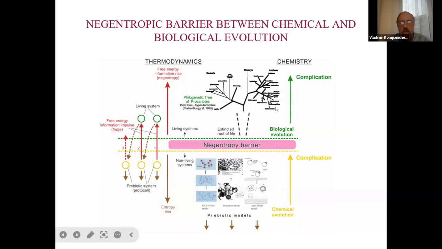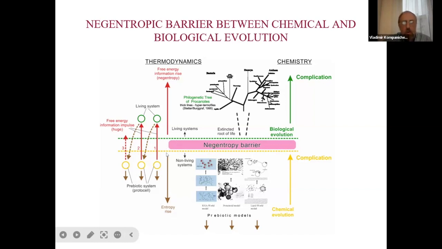Let's consider this gap between non-life and life from the point of view of chemistry and thermodynamics. In the chemical context, both chemical evolution and biological evolution proceed in the same direction, with complexification of organic matter. While from the point of thermodynamics, the situation is quite different.